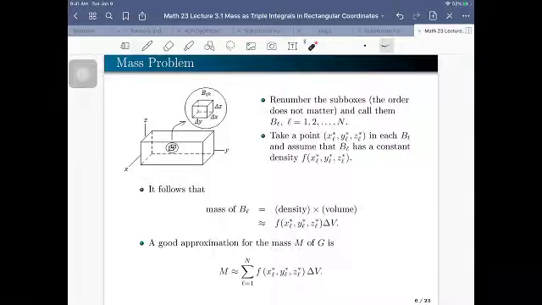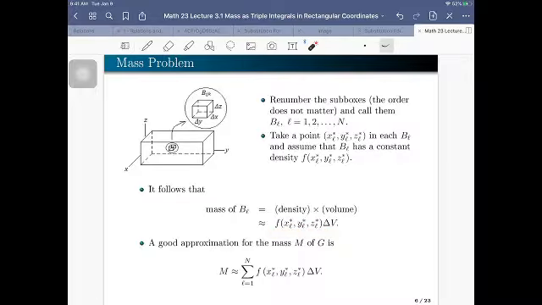So the density will just be the function evaluated at that arbitrary point of that subbox. Okay, it follows that the mass of B sub L, because now you're assuming that this is constant, then your physics laws now apply. So it's equal to the density times volume.